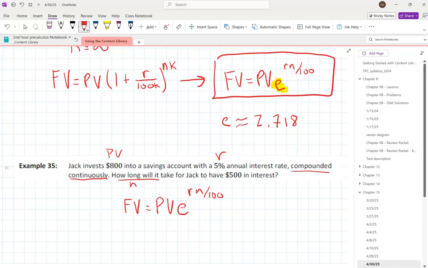So we have a PV, we have an R. We're asked to solve for N because it says how long. What is our future value going to be? I mean, it's related to this, but 500 is not our future value. What would the future value be?